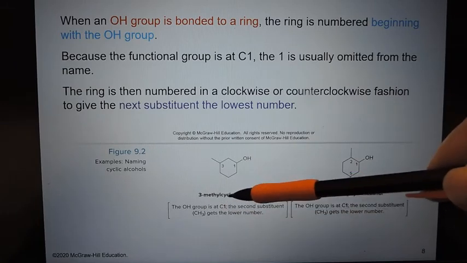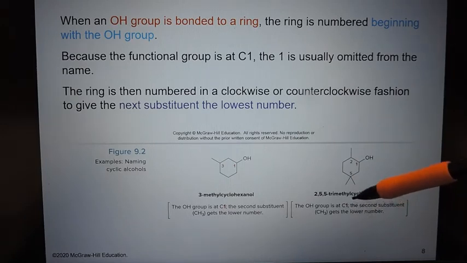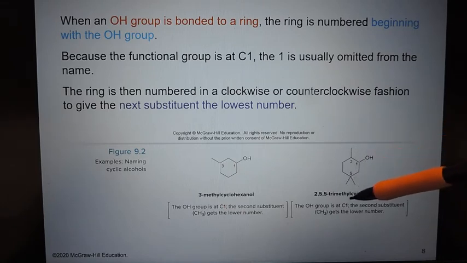So this one happens to be 3-methyl cyclohexanol, and the other one is 2, then 1, 2, 3, 1, 2, 3, 4, 5, so 2, 5, 5 trimethyl cyclohexanol, because there are 1, 2, 3 methyl groups attached to it.